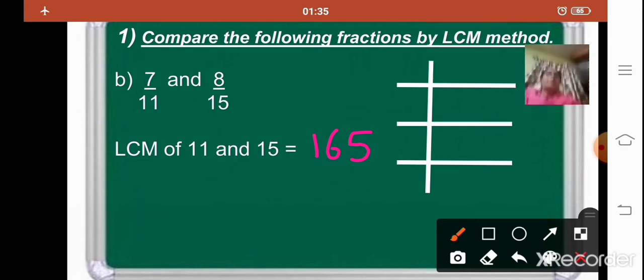Now what is your second step? Your second step is to make the denominators equal to this LCM, that is 165. So 11 multiplied by what number will give you 165? Now you all don't know the table, so if you want to find which number you have to multiply, you divide this 165 by 11, and you will get the number by which you have to multiply to make the denominator 165.